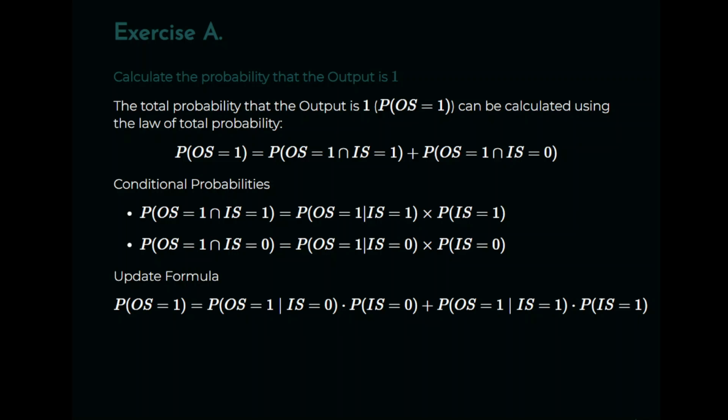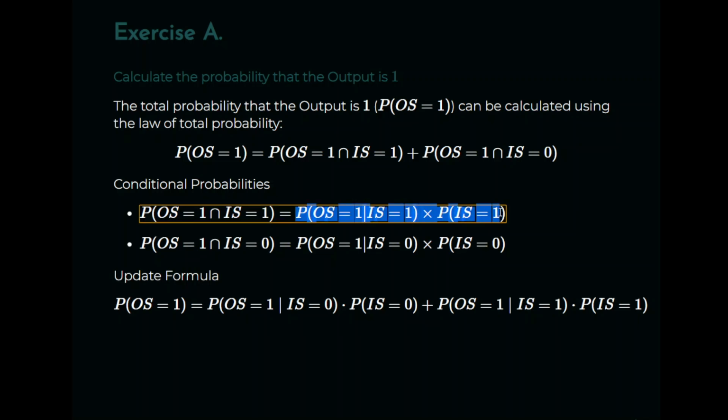So what we have to do is use the conditional probability law, rearranged to get an expression for those joint probabilities in terms of the conditional probability and the probability of the input signal being 1 and 0. Okay, so these pieces of information here are what we have.